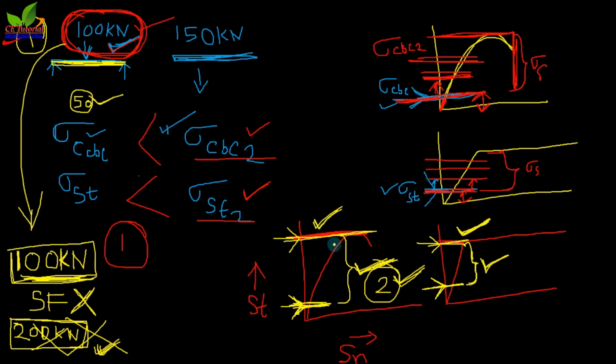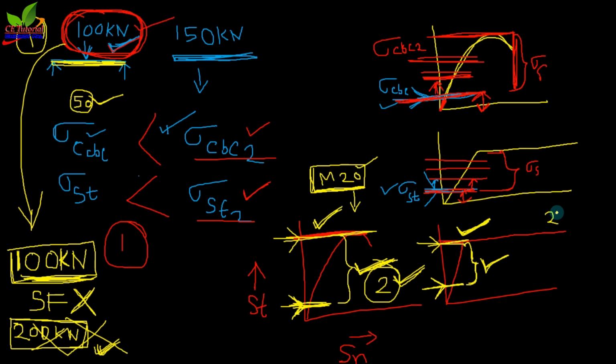Now for both cases, suppose we ordered M20 grade concrete. We cannot say that this is absolutely M20 grade. So we have to assume the strength of concrete is less than this, not beyond this.